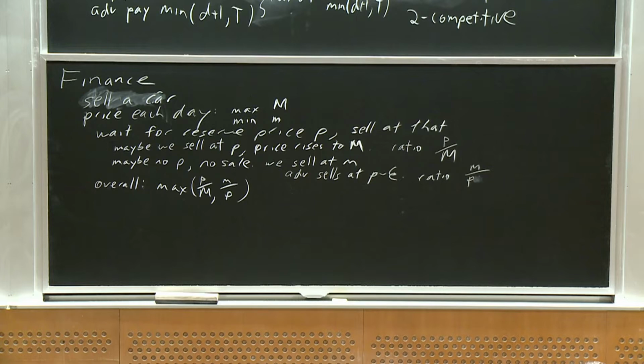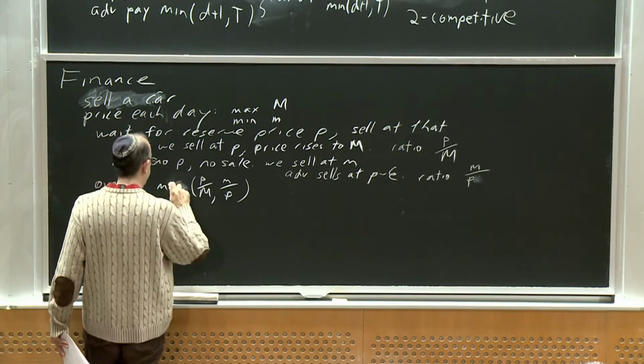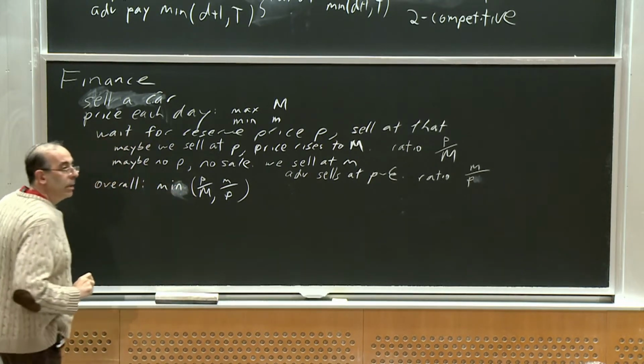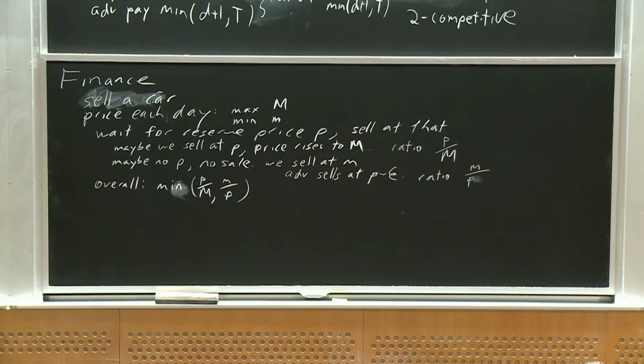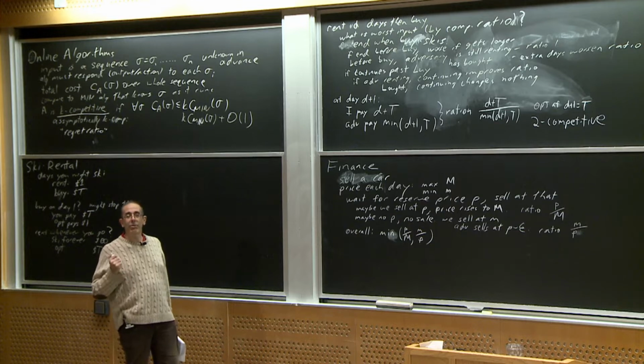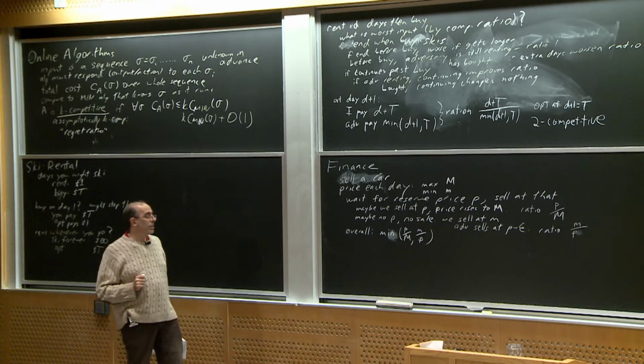Oh, sorry, the minimum, because of the way that I wrote it. So what do we want to do? Well, we want the largest possible fraction of the achievable, right? We want a competitive ratio that's as large as possible in this case. So how do we get that?